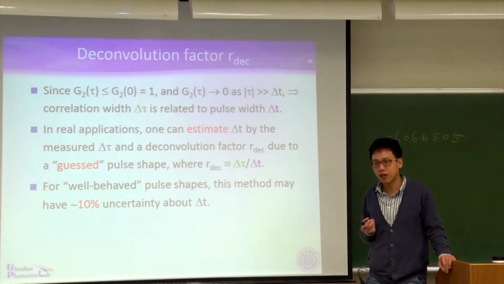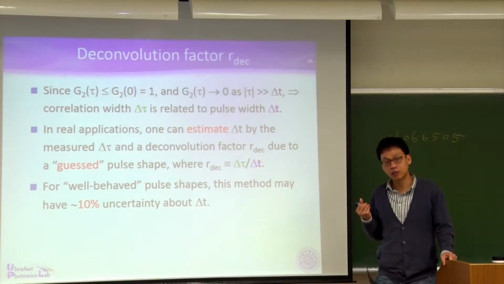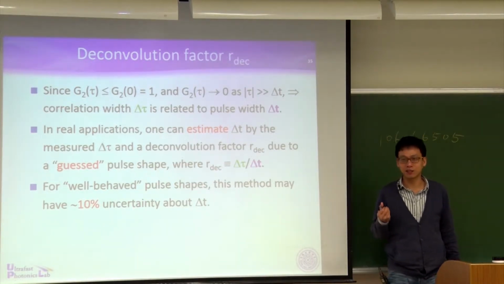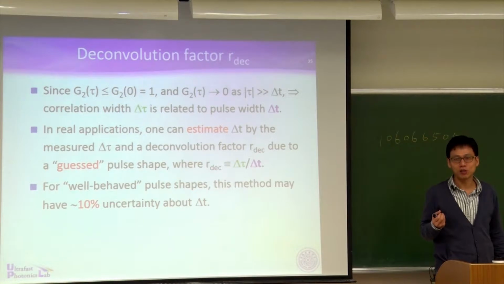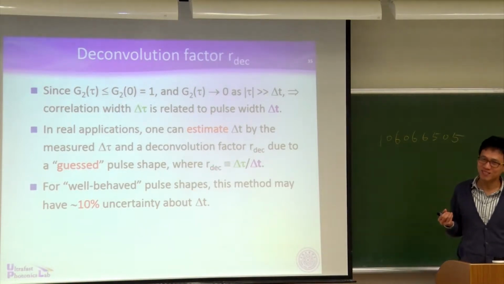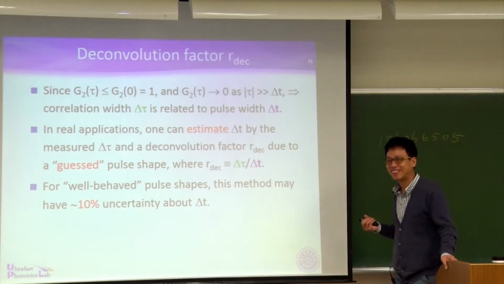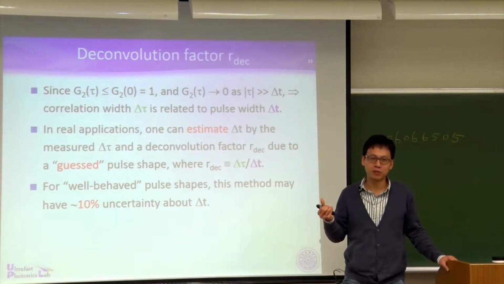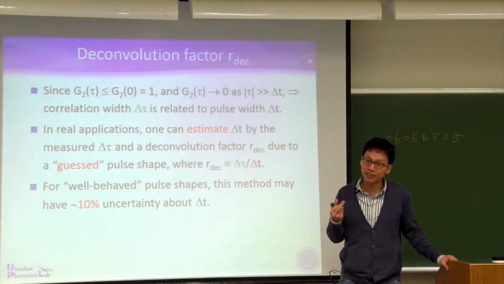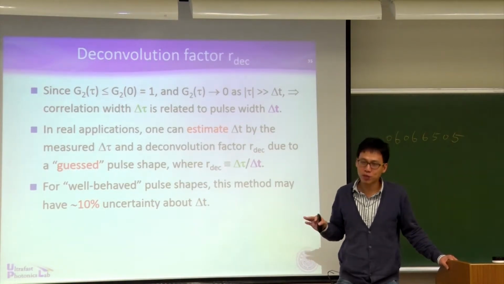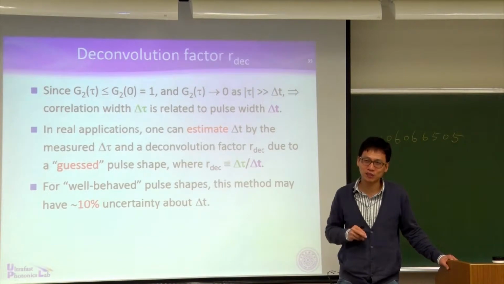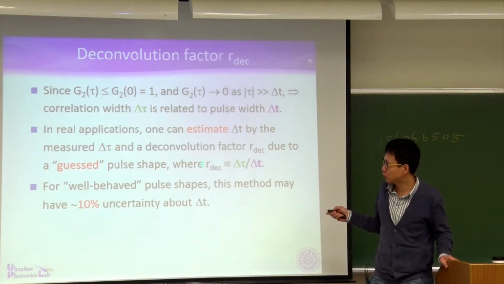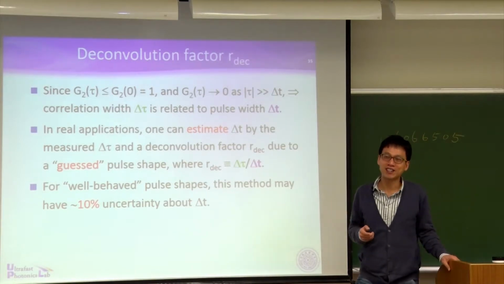And you have studied the series of active mode locking and the passive mode locking already, right? So what should be the pulse shapes? Gaussian, if it is active mode locking, and hyperbolic secant, if it is passive mode locking. So that's why people assume these two shapes mostly. So we only need two deconvolution factors.